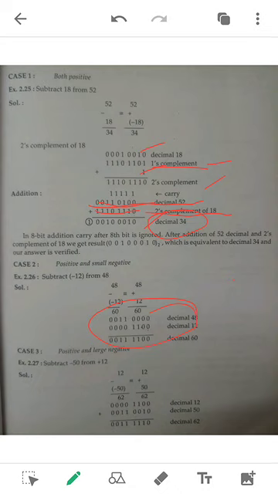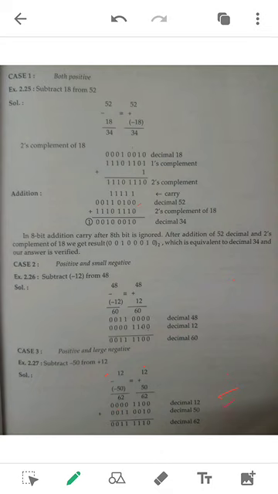Then case 3: subtract a large negative number from a positive. So minus 50 from plus 12. 12 is here and minus 50 is here. Minus 50, as I told, is a negative number, which means we have to convert it into 2's complement.